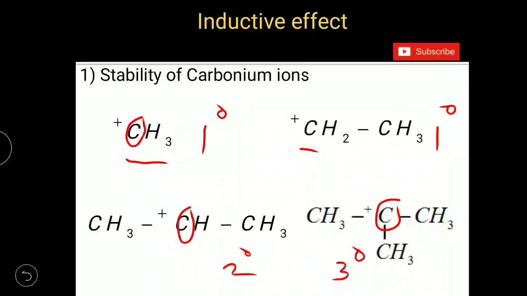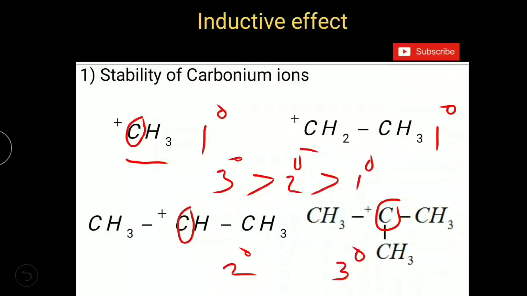And the order of stability of carbonium ions is tertiary is more stable than secondary, which is more stable than primary. And this can be explained using the inductive effect.